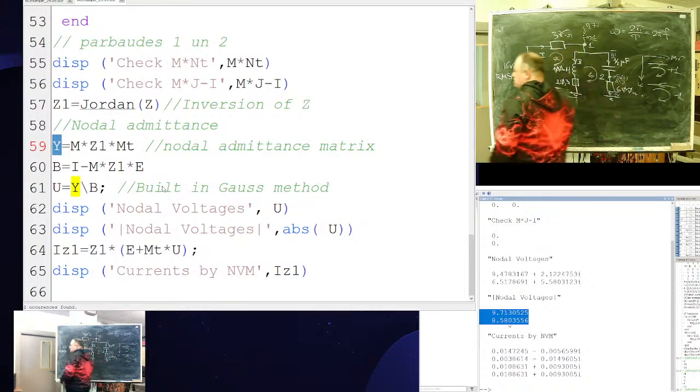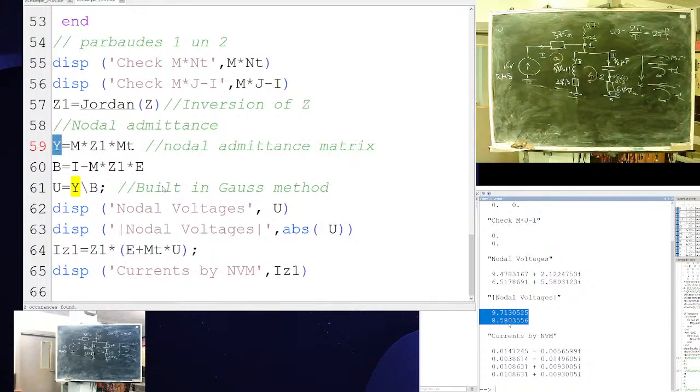Let's check what we got here in reality. 855. One tiny moment. Do we have 15 volts at the input? Of course not. One second, I will adjust.